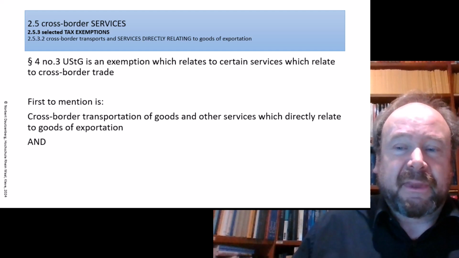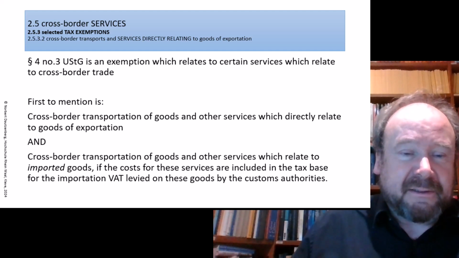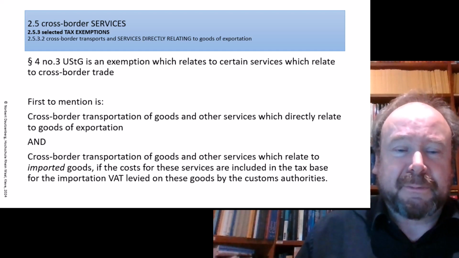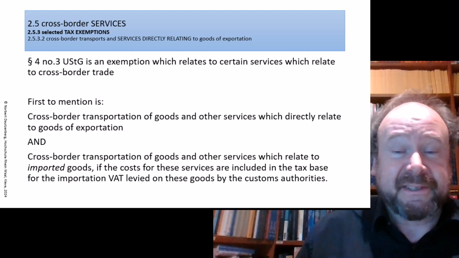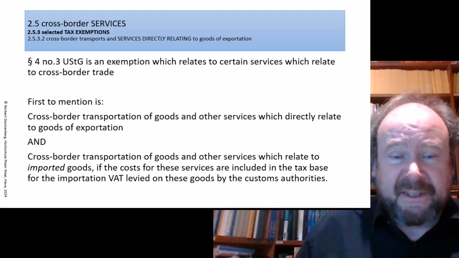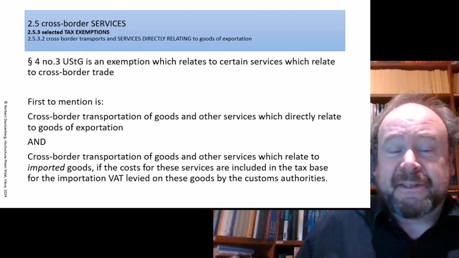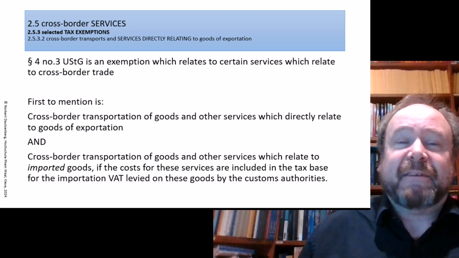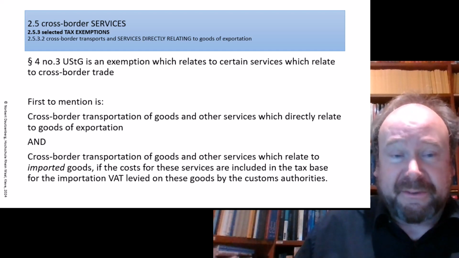And there is additionally also a parallel rule for the cross-border transportation of goods and other services, which relates to imported goods if the costs for these services have been included in the tax base for the importation VAT, which was levied on these goods by the customs authorities.